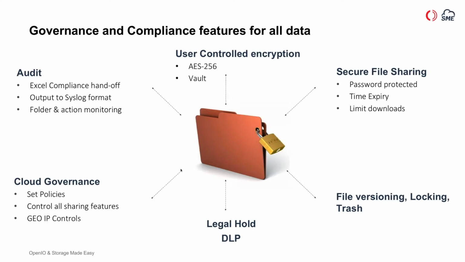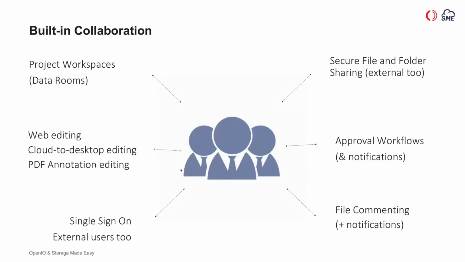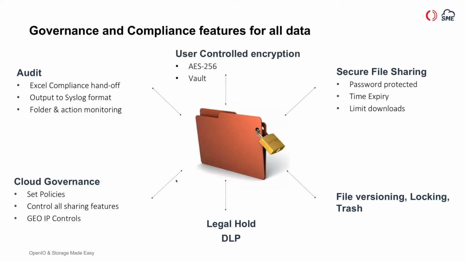Some of the capabilities of Storage Made Easy File Fabric around governance are client-managed encryption, corporate file sharing policies, such as requiring an expiry and download limit, even requiring a reason to be logged, file locking and versioning, archiving folders and trash, great at preventing accidental data loss, DLP, data loss prevention capabilities, a number of security policies, in particular focused around the cloud.